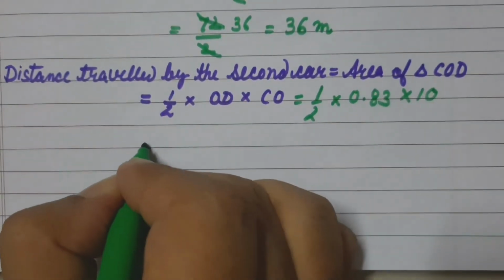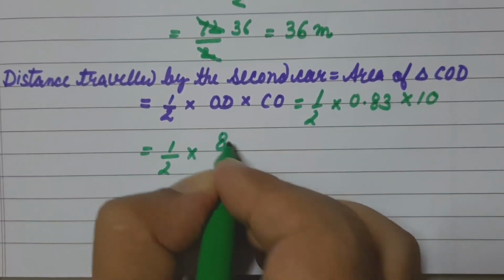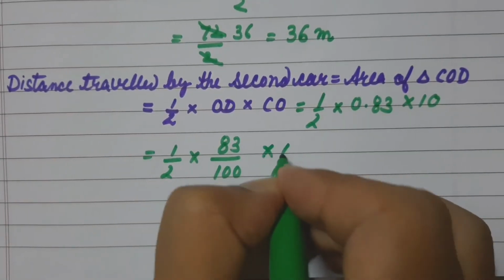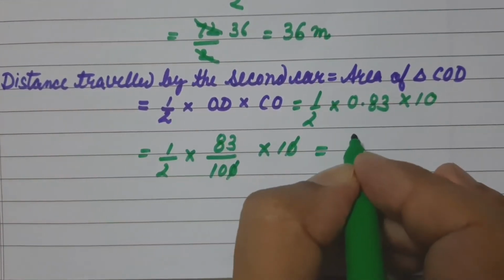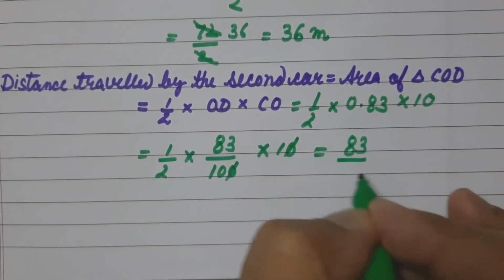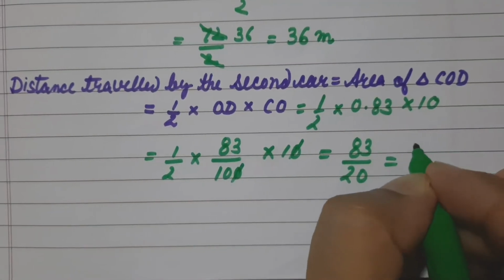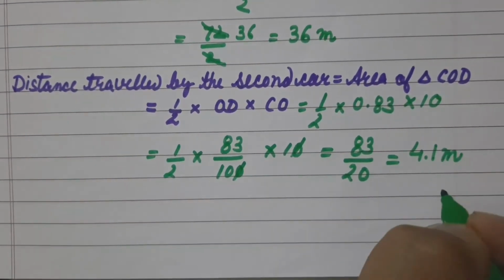It can be written as 1 upon 2 into 83 upon 100 into 10, which is 83 upon 20, near about 4.1 meters.